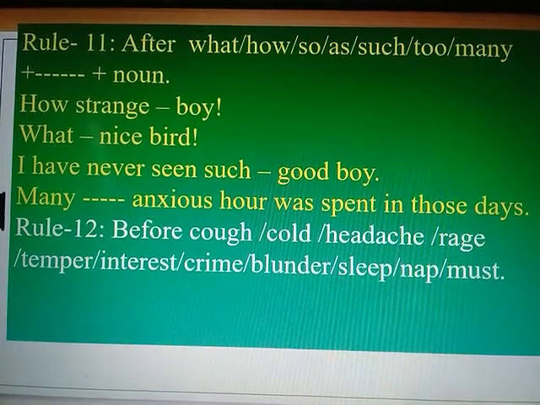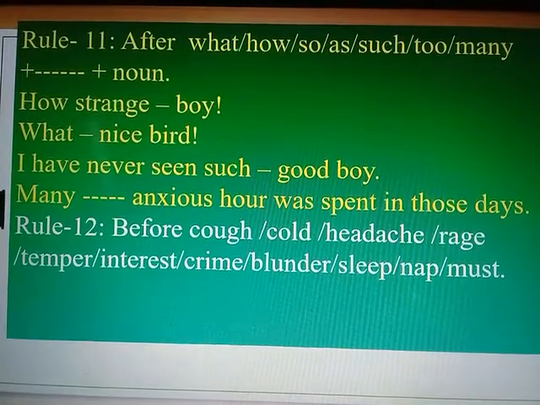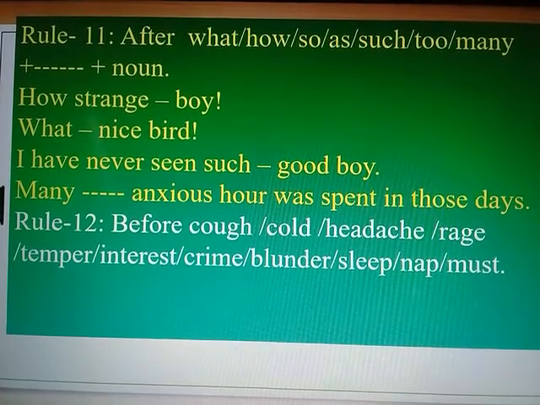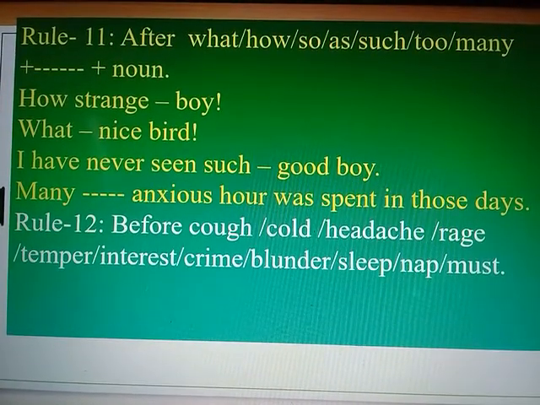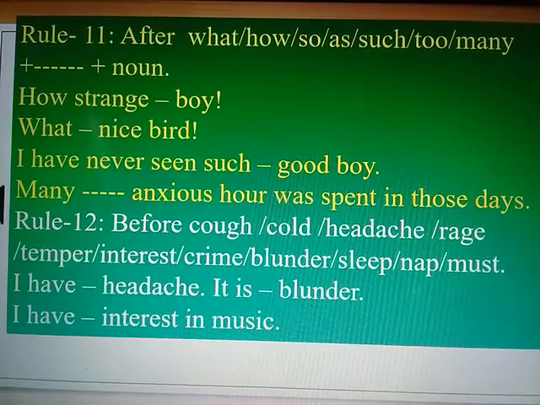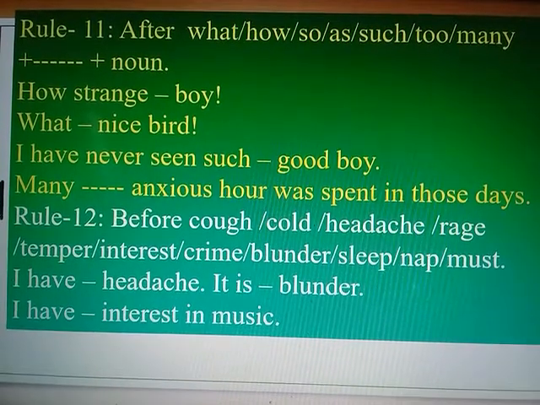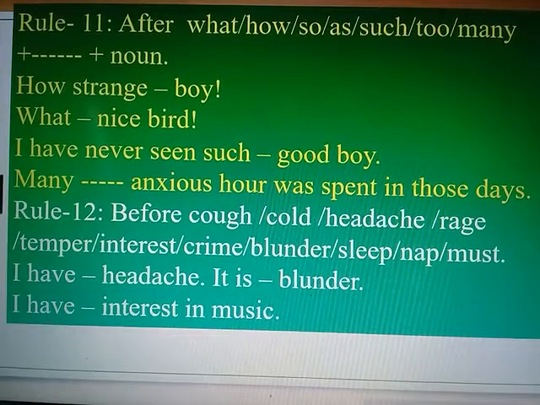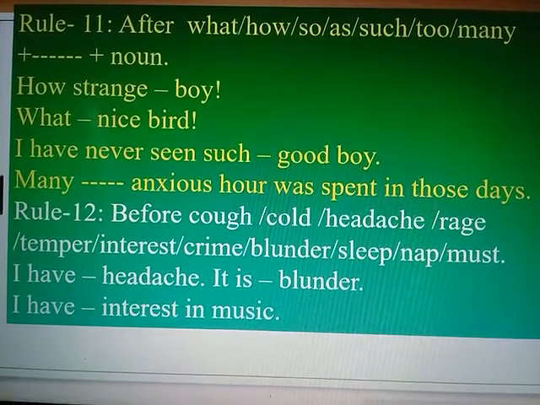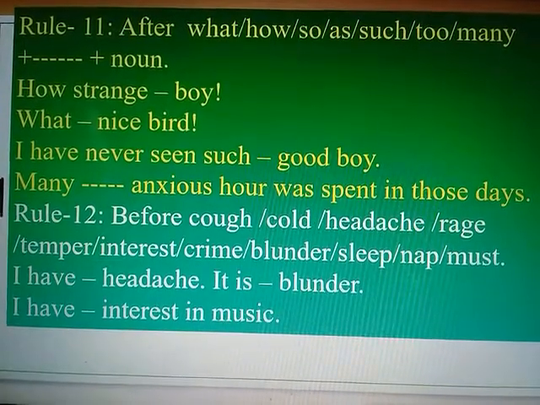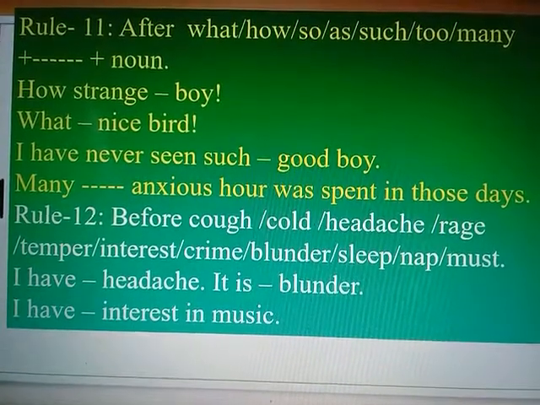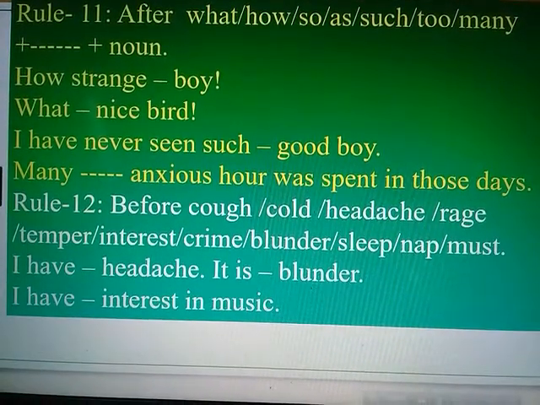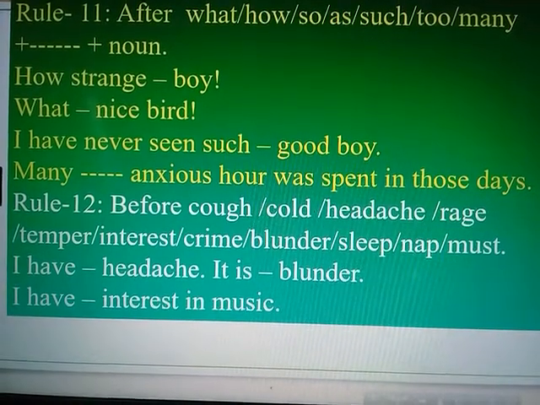Next rule, rule number 12. Before cough, cold, headache, rage, temper, interest, crime, blunder, sleep, nap, must, we have to use a or an. Just memorize these words. I have a headache.